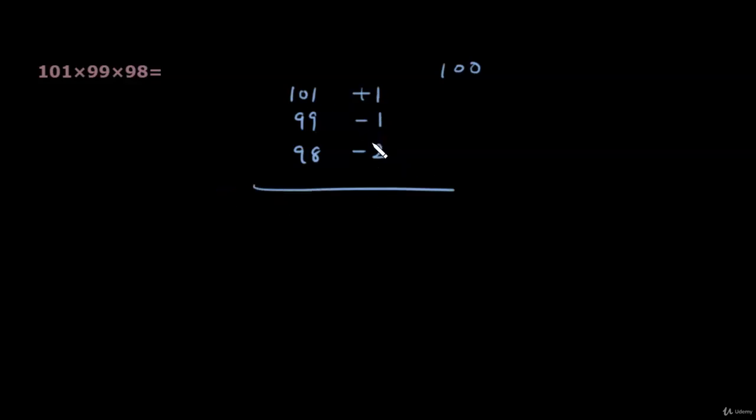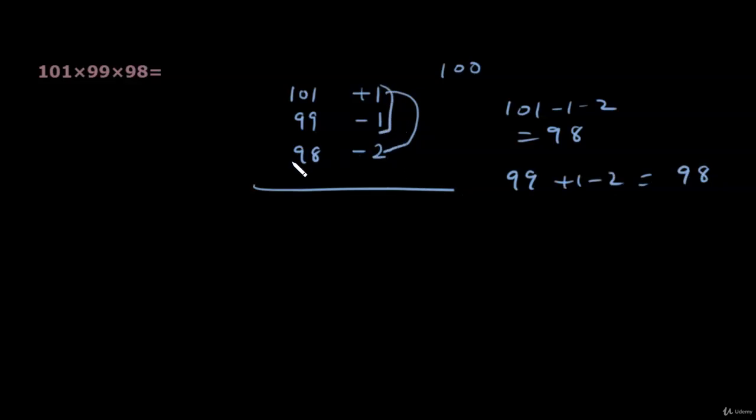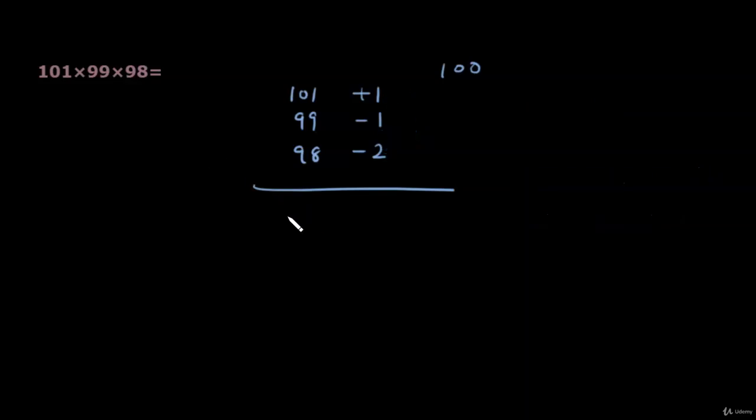In order to find the first part of the number, we can either add these two numbers to 101, which is going to give us 98, or add these two numbers to 99, which is again 98, or these two numbers to 98, which is again 98. So every time we are getting 98 as the first part.